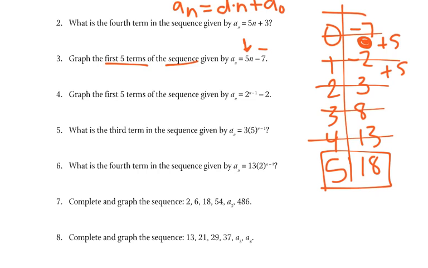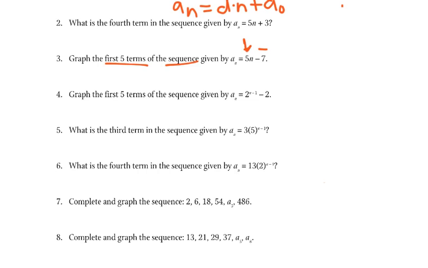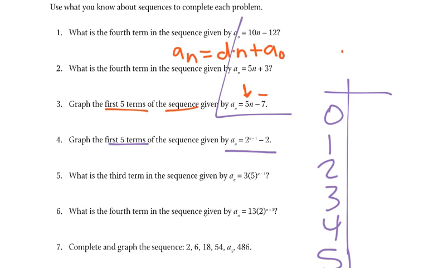Alright, so now let's do it for number 4. The same process here. So the first 5 terms, so 0, 1, 2, 3, 4, 5. Now looking at this one, we've been doing arithmetic on all these ones.